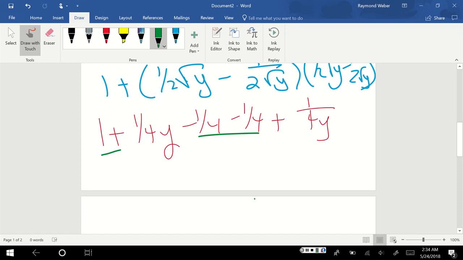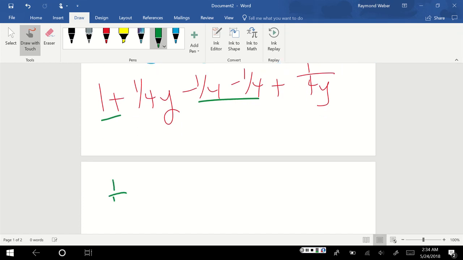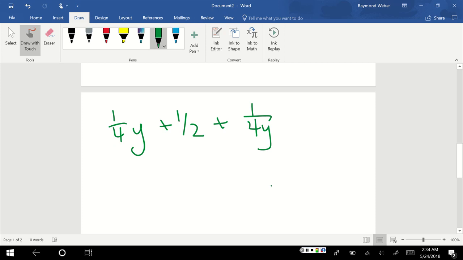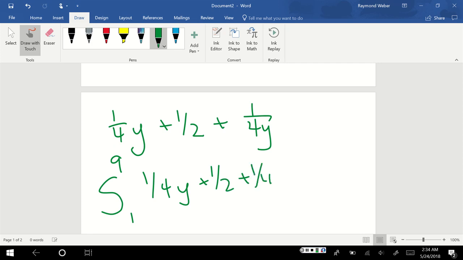I have here 1/4 y plus 1 half plus 1/4 with the y in the bottom. So what I'm actually doing is going from 1 to 9 of the square root of 1/4 y plus 1 half plus 1/(4y) dy.